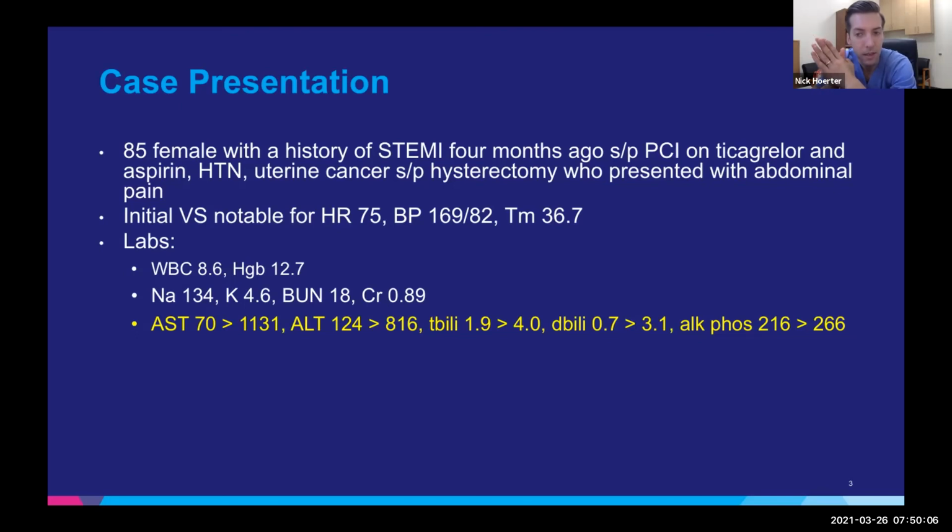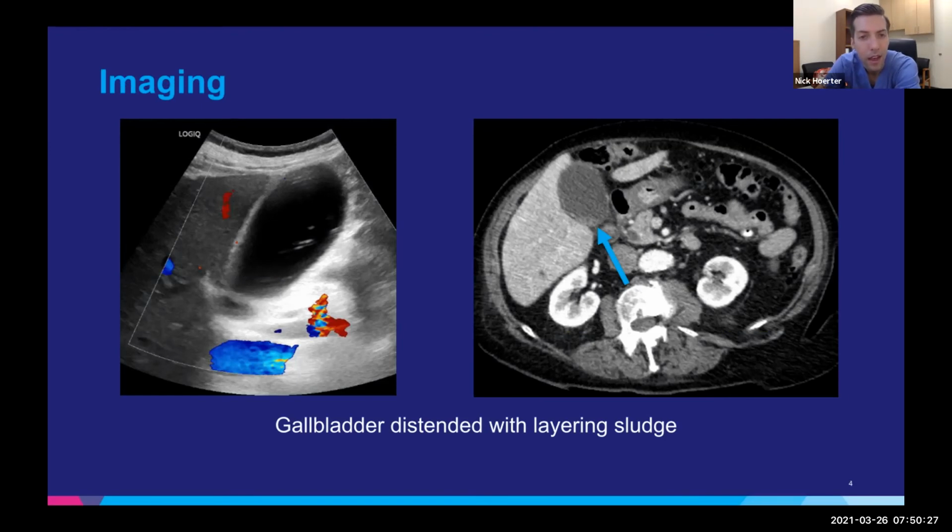She was hemodynamically stable, and she initially had mildly elevated liver enzymes that within 24 hours rapidly became much worse. Her total bilirubin jumped from 2 to 4, her AST was 1,000, ALT 800, her alk phos jumped. So she had imaging, and her gallbladder was found to be distended with sludge.